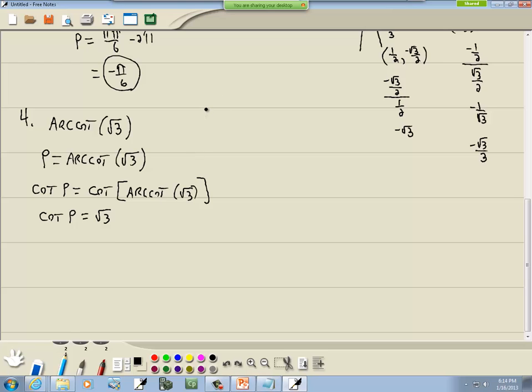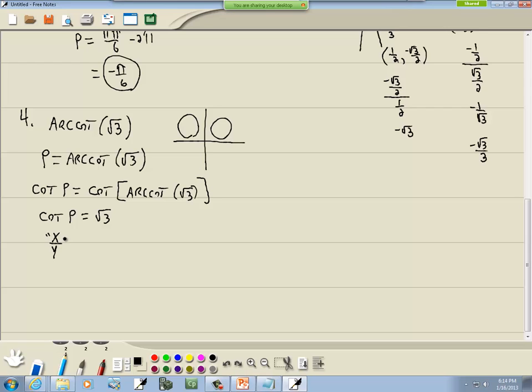Okay, now let's think quadrants. I said already the arc cotangent is 0 to pi. Now, arctangent is valid from negative pi over 2 to pi over 2, these two quadrants. So you'd expect arc cotangent to be here. So that's why I say it's not like what you might think. Now, so this says cotangent is equal to square root of 3.